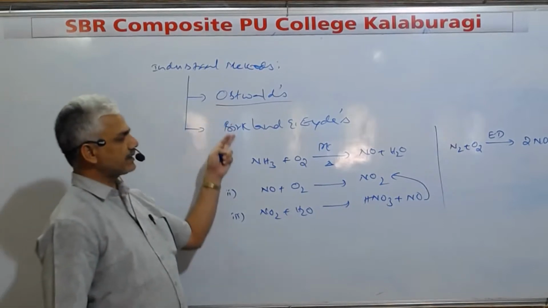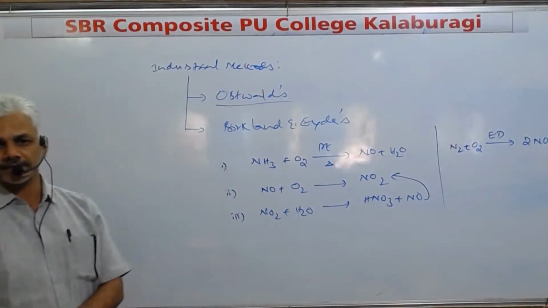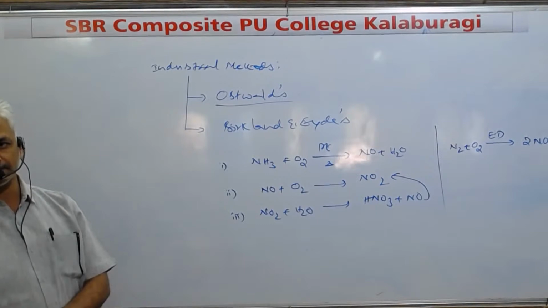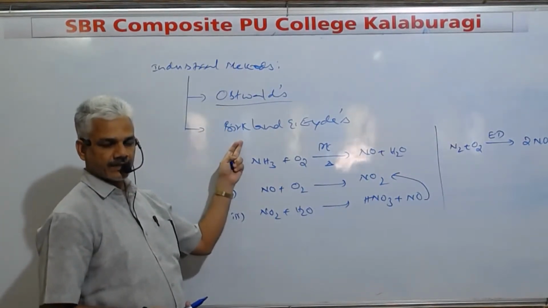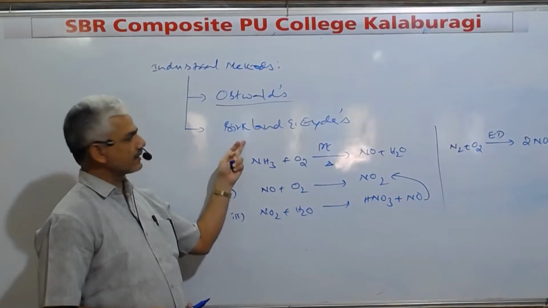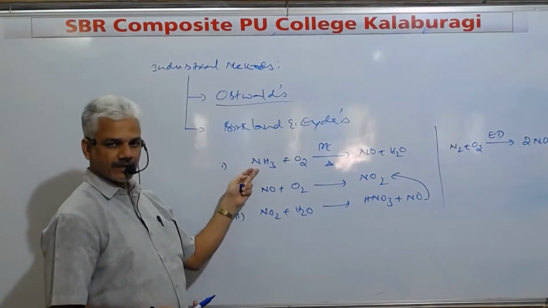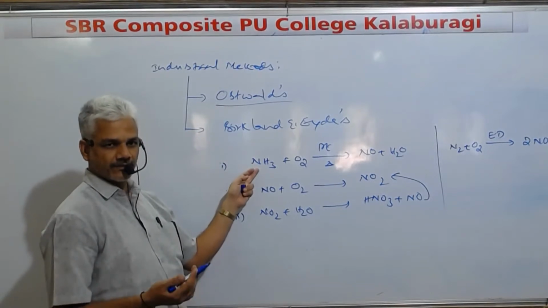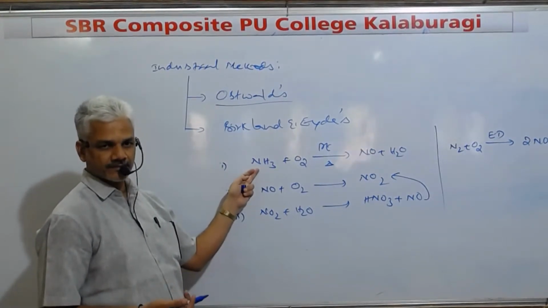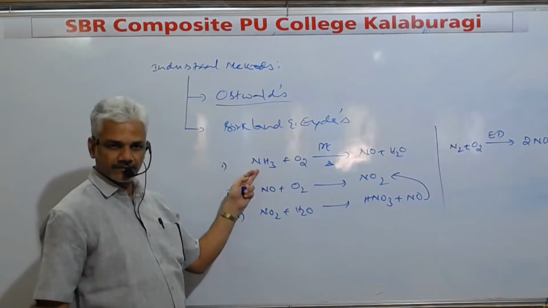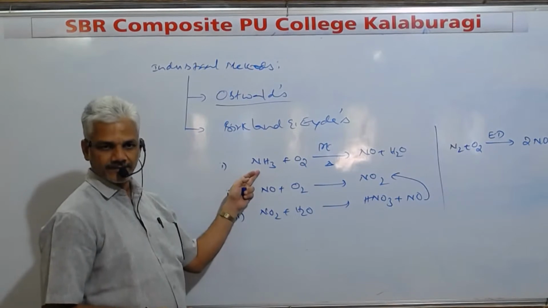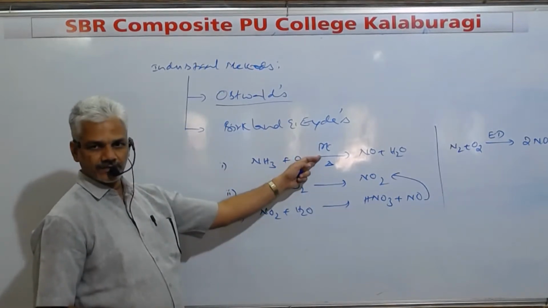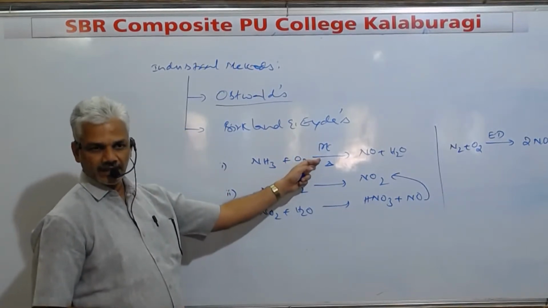So between the two methods, which is a better method? Ostwald's method or Birkeland and Eyde's method? In Ostwald's method, starting material is ammonia, which is not a natural product. It has to be produced by some other method. Moreover, you have to make use of costly catalysts.